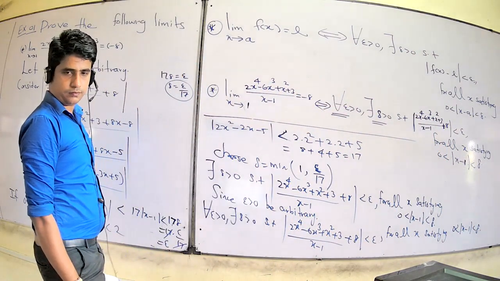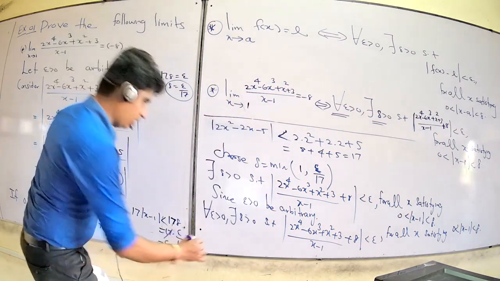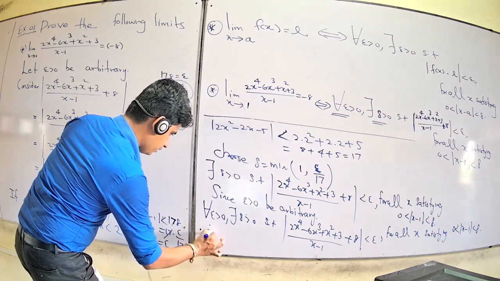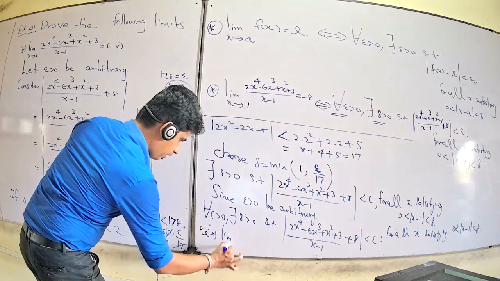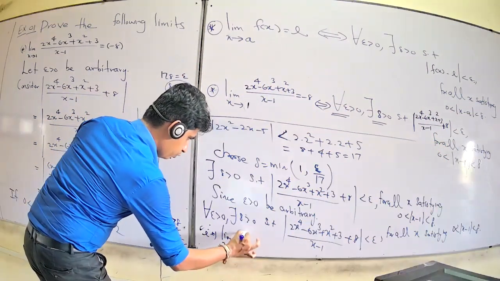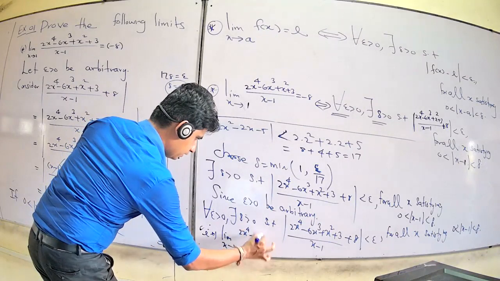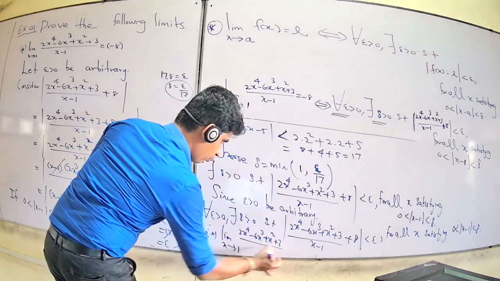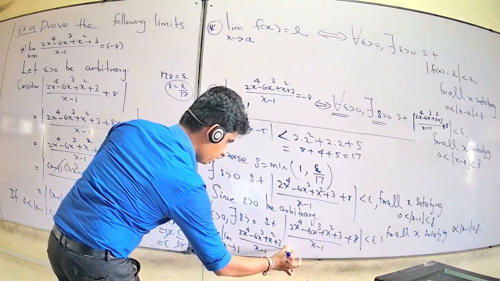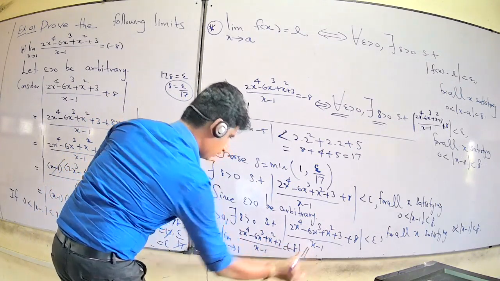That means the limit of x tends to 1 of (2x to the power 4 minus 6x cubed plus 8x squared plus 3) over (x minus 1) equals minus 8.